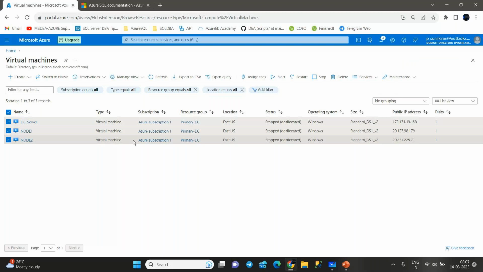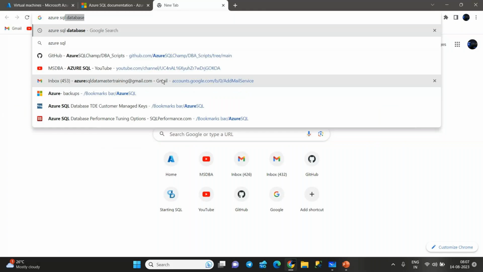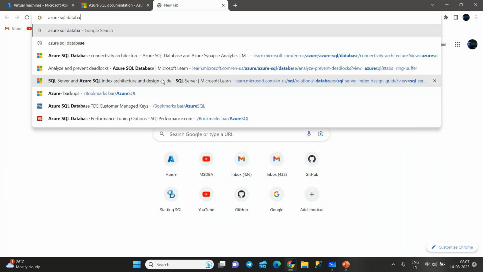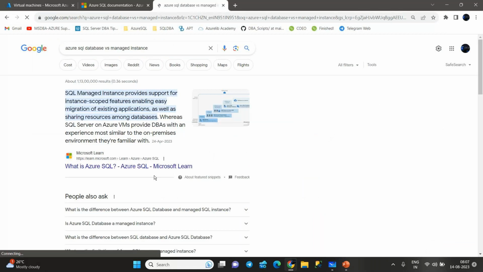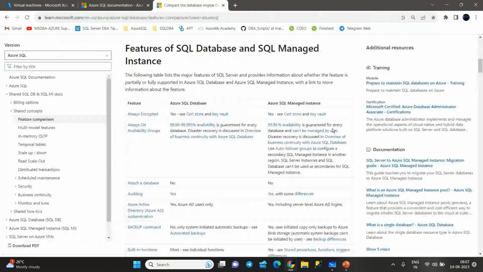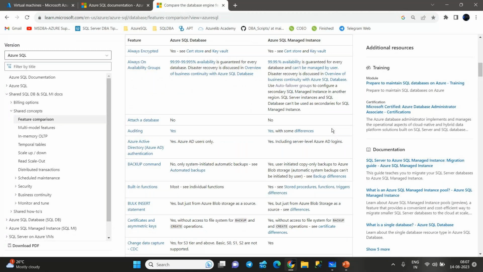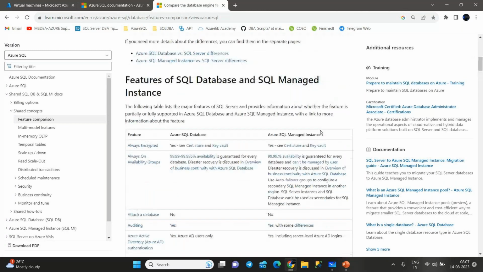Again, here is one more interesting thing. Based on your configuration, Azure SQL database versus managed instance. This window is very important, sir.